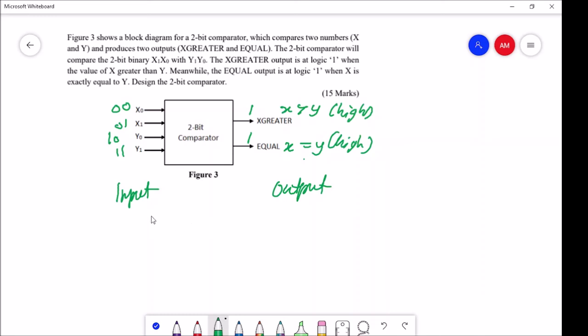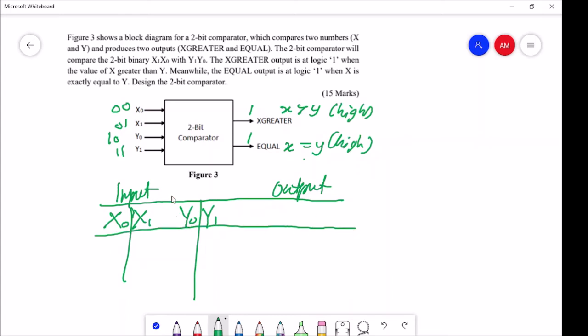Okay, we have inputs X0, X1, Y0, Y1, and the output will be either X is greater than Y or X equals Y. So we have to compare both of the X inputs and both of the Y inputs in order to get the output, either 0 or 1, whether it's true or false.